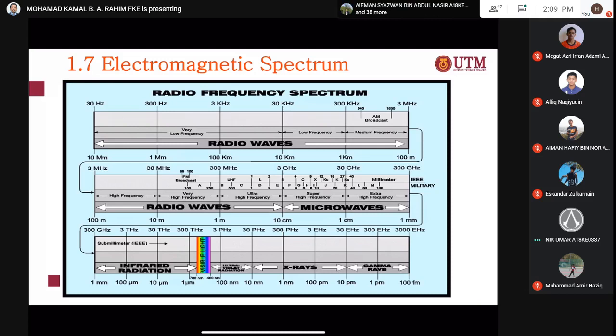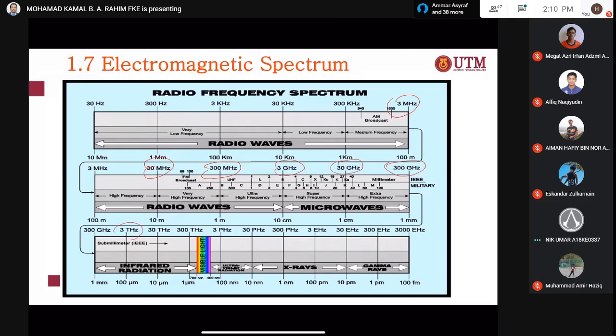Okay, so you can see that from 30 hertz, Hz. Hertz is actually the name of the person who invented this. 300 hertz, 3 kilohertz, 30 kilohertz, 300 kilohertz, 3 megahertz, 30 megahertz, 300 megahertz, 3 gigahertz, 30 gigahertz, 300 gigahertz.